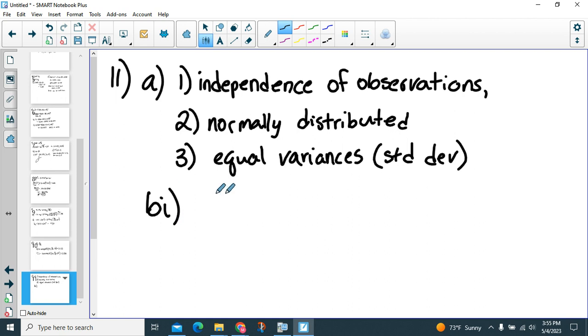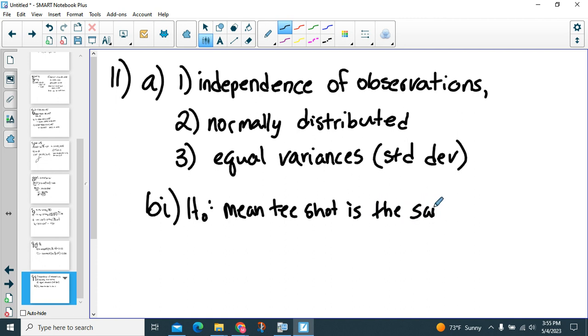State the null hypothesis. All right, so the null hypothesis is that the mean tee shot is the same before and after coaching.